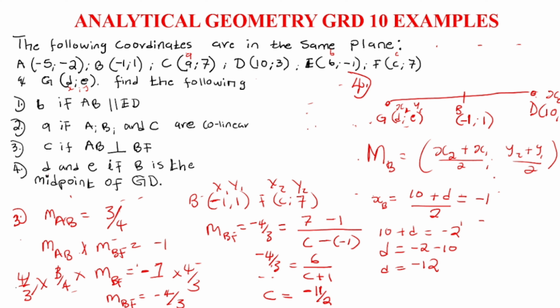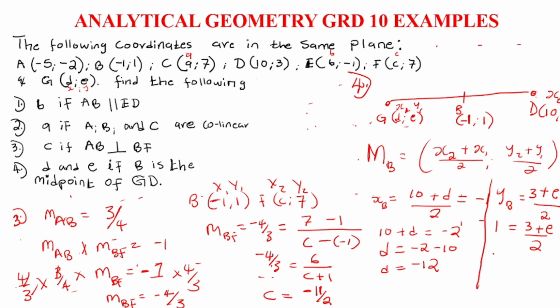Similarly, the same thing should apply to Y as well. Y at B should be equal to y2, which is 3, plus y1, which is E, all over 2. We already know the y at B is 1, so 1 equals 3 plus E all over 2.